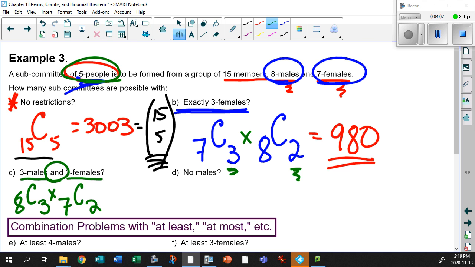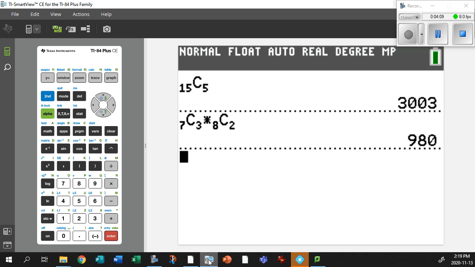All right. So let's go back into the calculator. Now let me show you a little bit of a shortcut. Going to that second F2 function button sometimes can be a bit of a pain. So here's what I'm going to do. I'm just going to mouse up and grab this, and I'm going to hit enter. And there's the values. All I've got to do is change a few numbers. For example, the first number I'm going to change is that 7 to be an 8, because my first arrangement is 8 choose 3. 8 males, choose 3 of them.